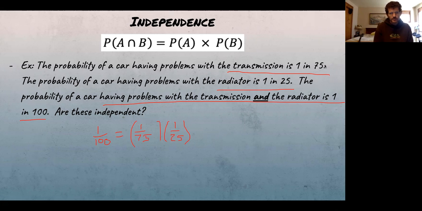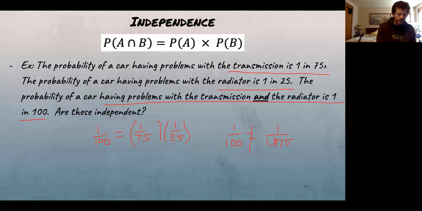Hopefully you can tell they're not going to be equal, but I'll go ahead and figure out what that is. If I multiply on the left, I get 1 over 100 equals 1 over 1,875. Obviously not equal.